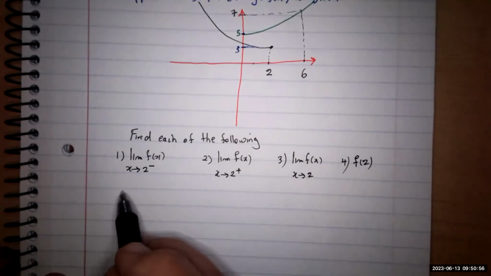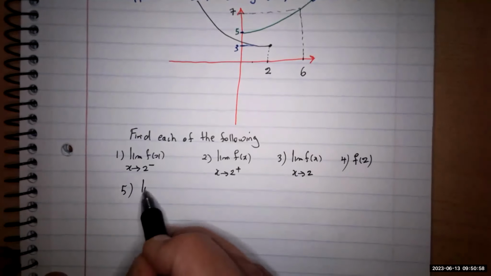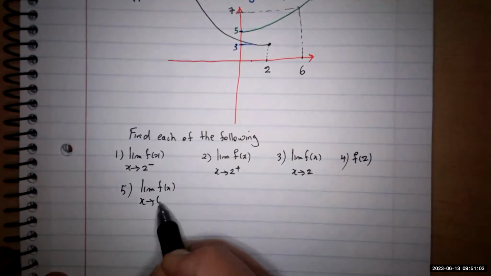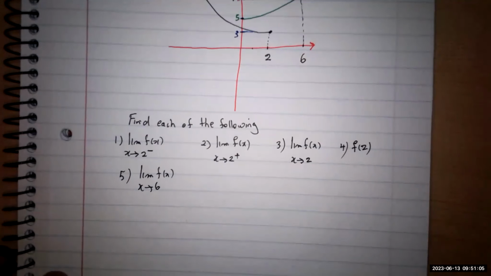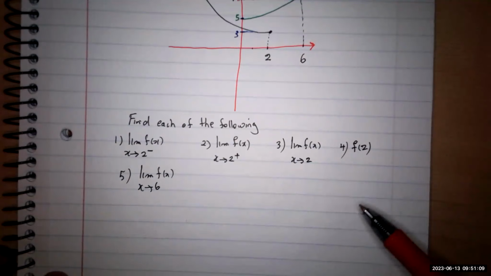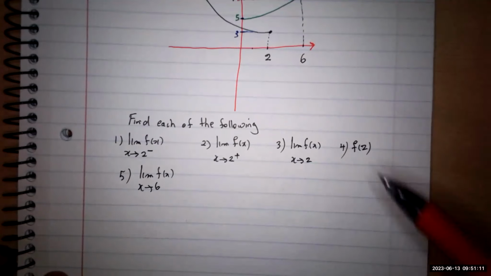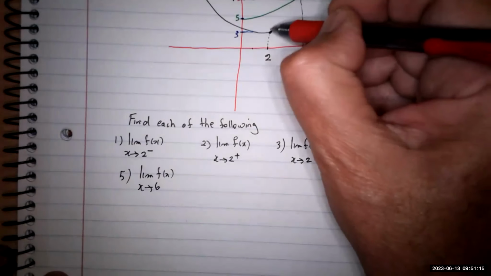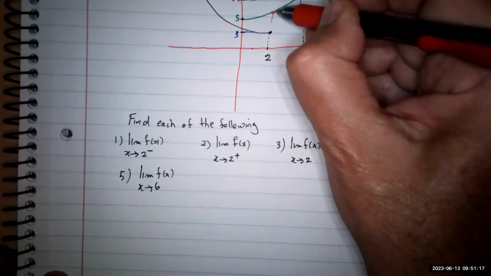And number 5, we want to find the limit of f of x when x goes to 6. So I have to make some changes to the graph to make sure we get this one. There is a hole here.